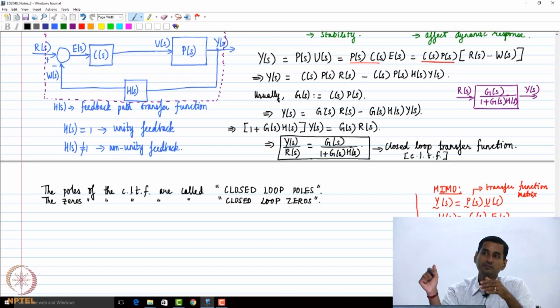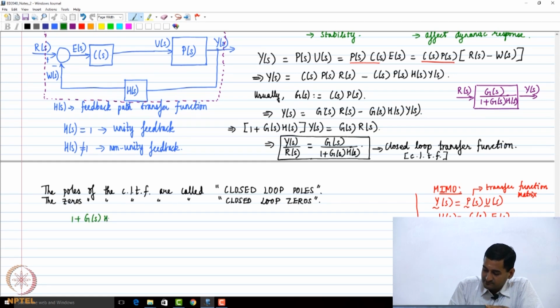So what is the denominator polynomial in the closed loop transfer function? You look at the denominator, what do you have? 1 plus G of s H of s. So if you want to calculate the closed loop poles, we just solve 1 plus G of s H of s equals 0. This is what is called the closed loop characteristic equation.